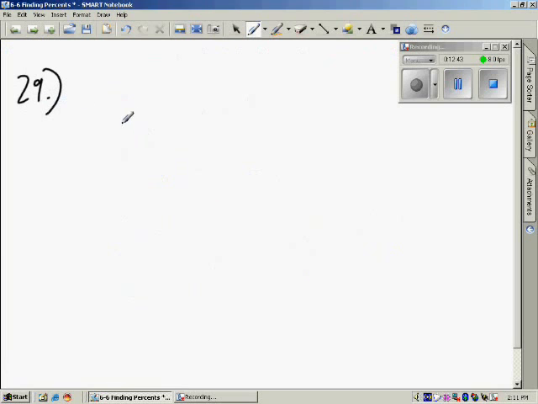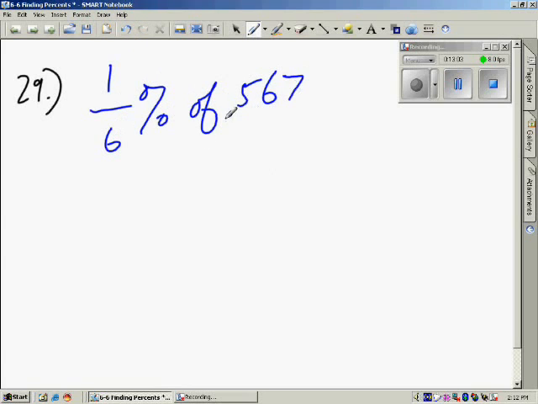If you go to 29, you have 1/6% of 567. Okay, 1/6%.